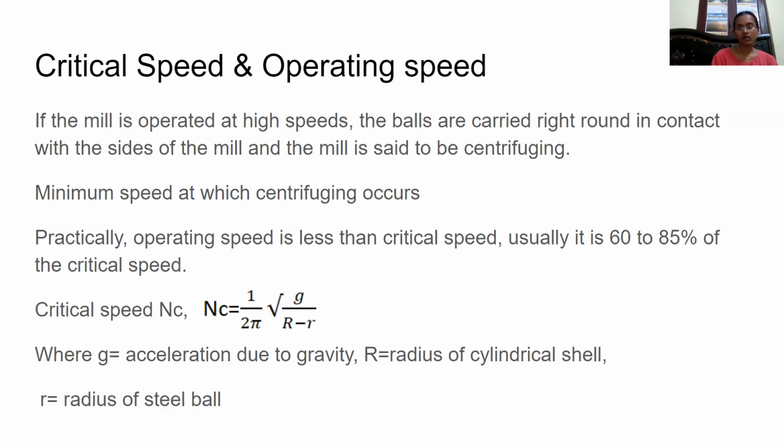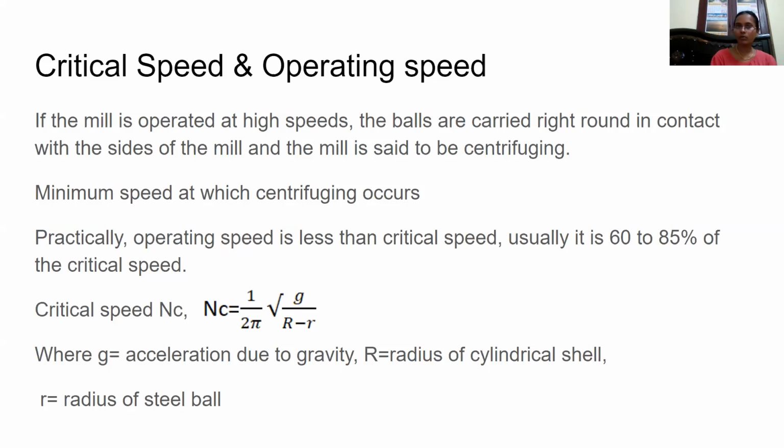Operating speed. Operating speed can be defined in simple terms as the speed at which the ball mill operates. In practical situations, the operating speed of the ball mill should always be less than the critical speed. It is usually 60 to 85% of the critical speed.